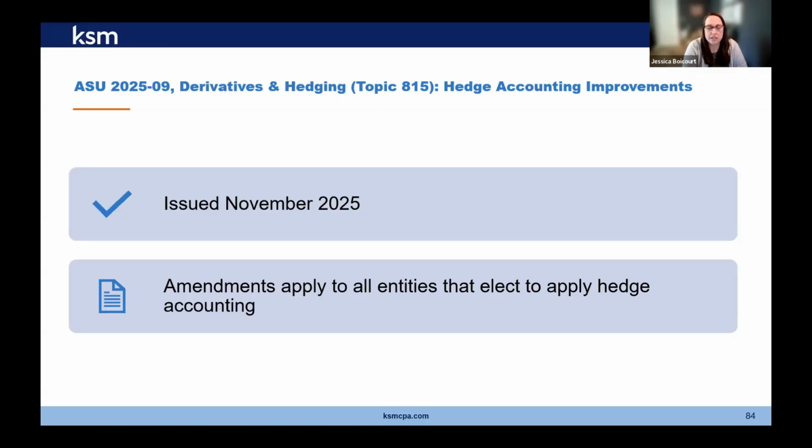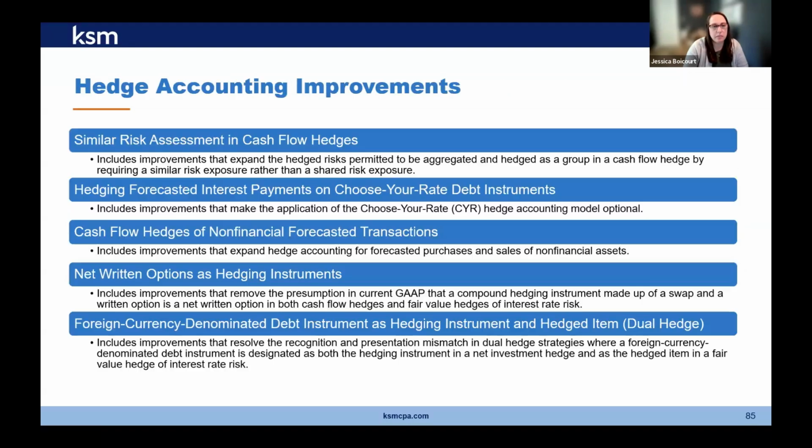There were five specific issues that were noted to the FASB when they were working on this project that really said we're getting different answers from what's actually trying to happen in these hedge accounting areas. So they're trying to make that a little bit more consistent across entities and maintain kind of where the hedge accounting guidance is being applied.